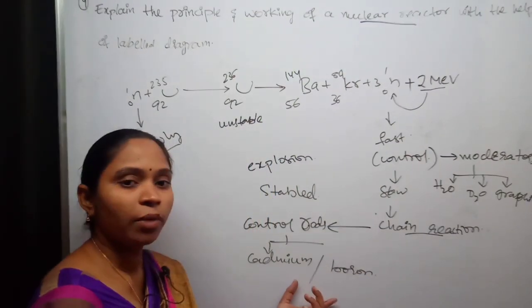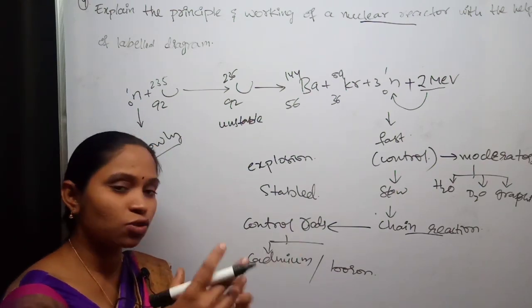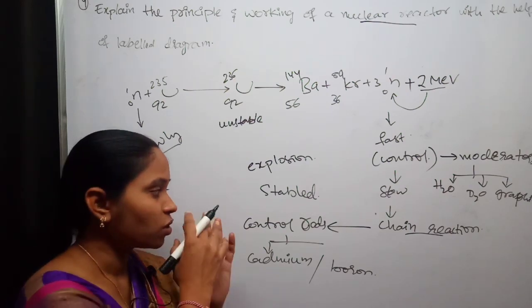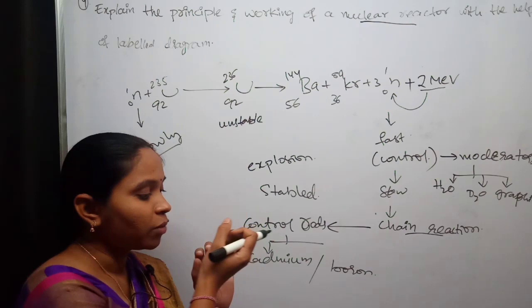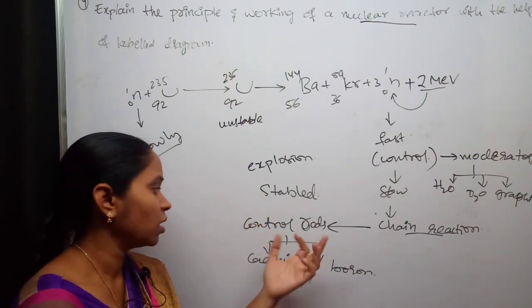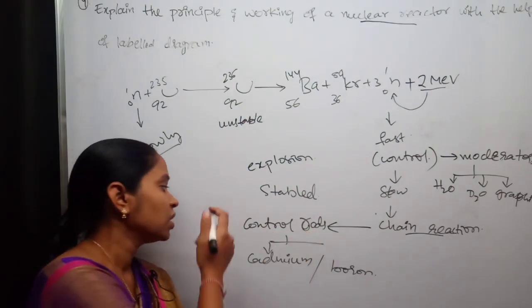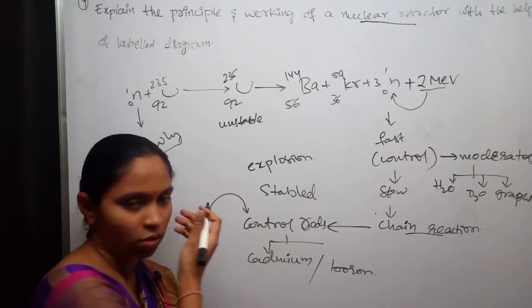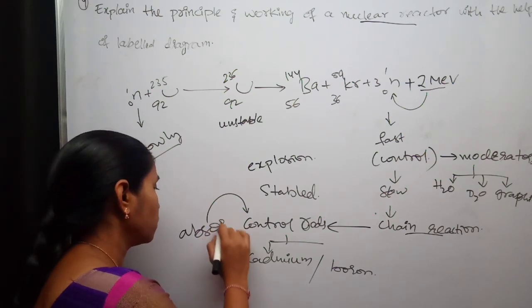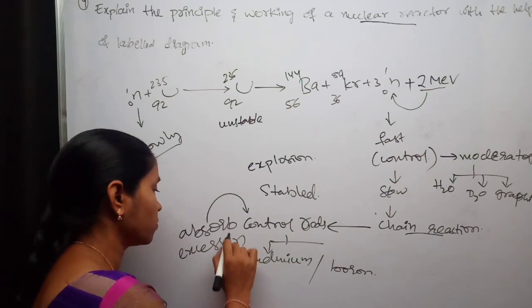The materials made with cadmium or boron are used for controlling the excess of neutrons generated. మనకి ఎన్ని న్యూట్రాన్స్ కావాలో అన్ని మాత్రమే మనం న్యూక్లియర్ రియాక్టర్లో ఉంచేసి, మిగతావి ఈ కంట్రోల్ రాడ్స్ ఇన్సర్ట్ చేయడం వల్ల అబ్జర్వ్ చేసుకుంటాయి. These control rods will absorb excess neutrons.